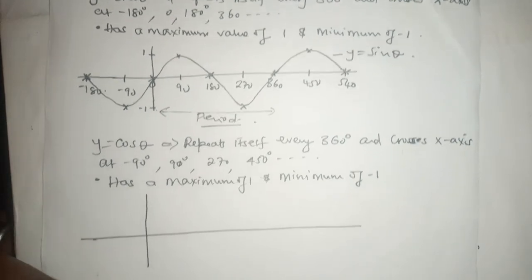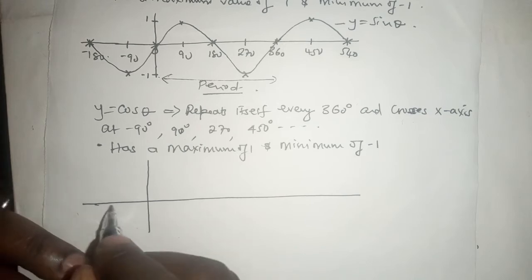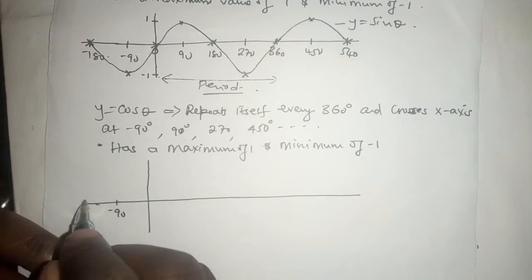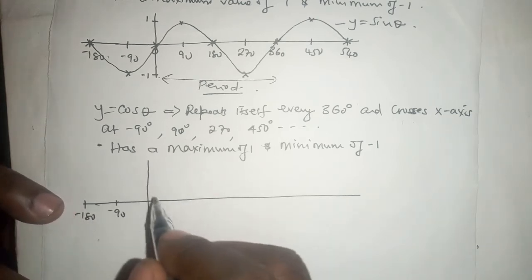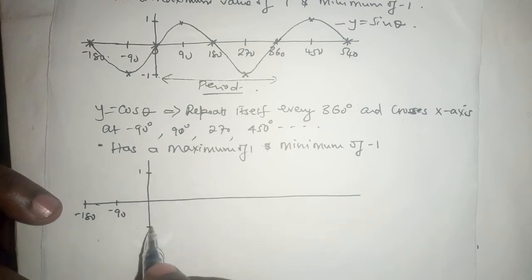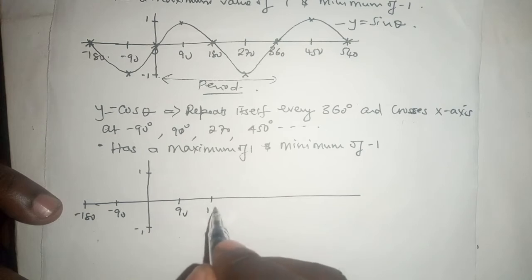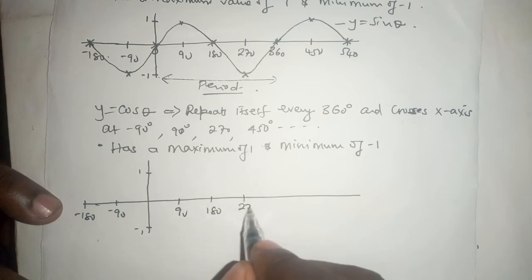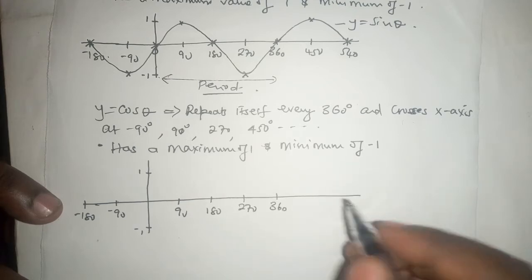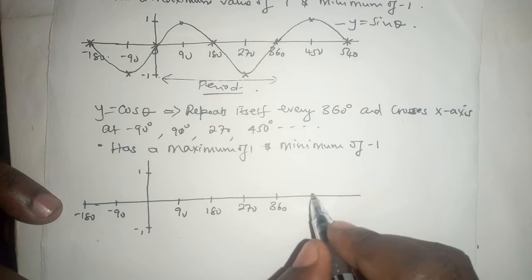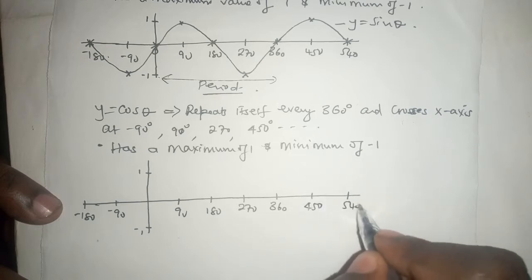If we may wish to have a rough idea, this is minus 90, this is minus 180 degrees, and this is 1, and this is negative 1, this is 0, we have 90 there, we have 180 there, 270, 360, we have 360 plus 90, we have 450, and we have even 540 degrees.